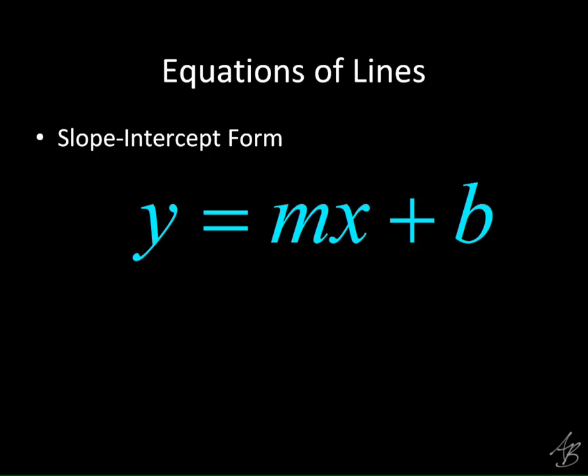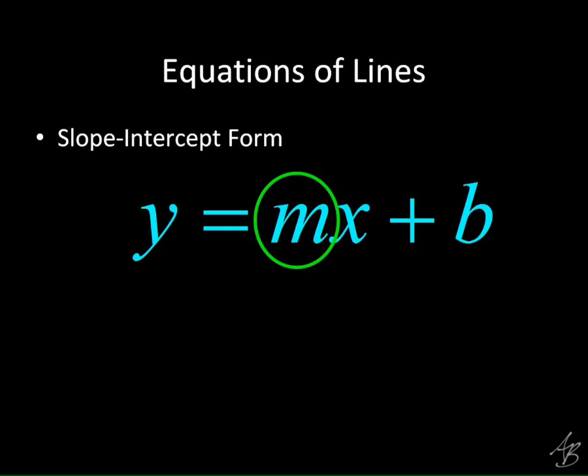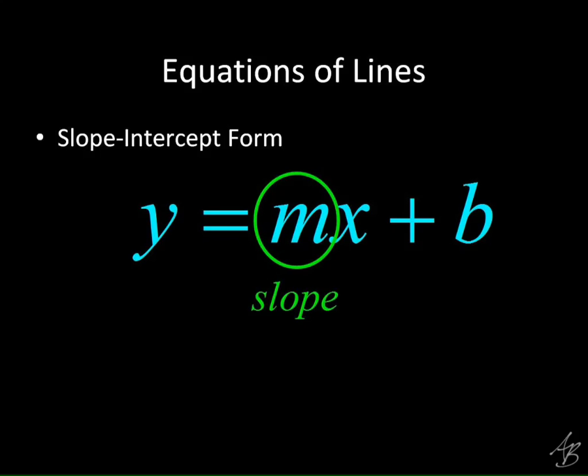And at the top of your notes, it has a big y equals. I want you to write this equation down. All right, so you've got y equals mx plus b. What does m stand for? M stands for slope, right? So anytime you see an m, and in these equations, the m is always going to be the number in front of x. That's your slope. In fact, I want you to write that down right now.